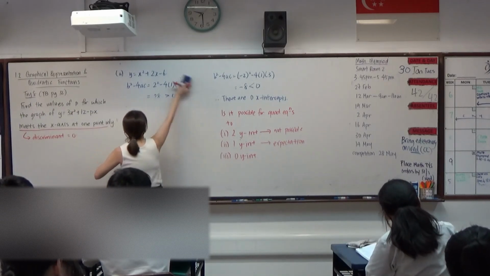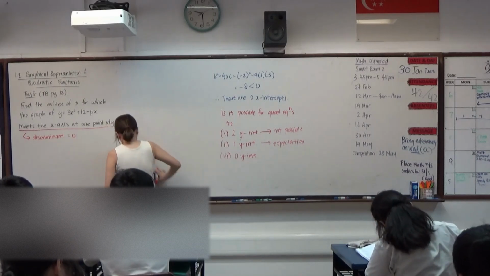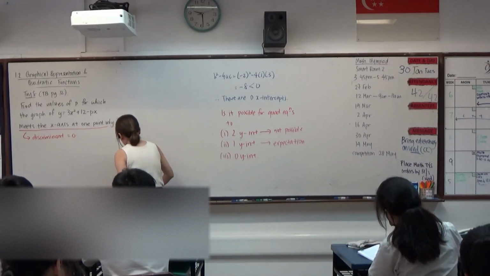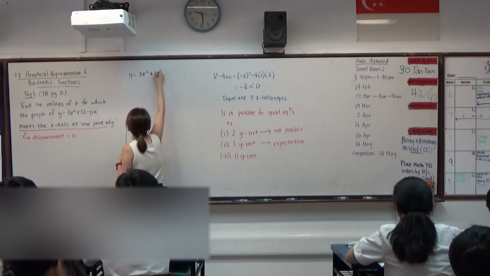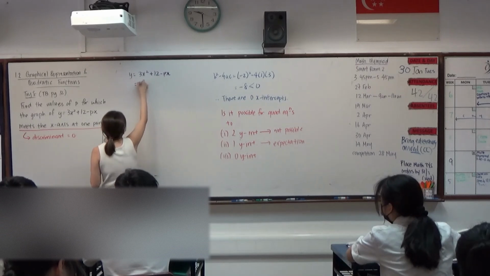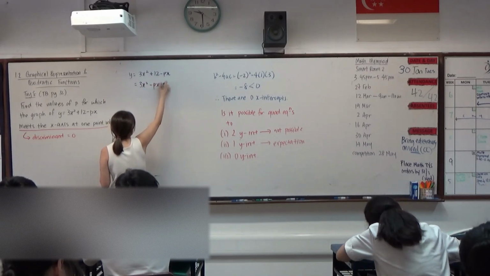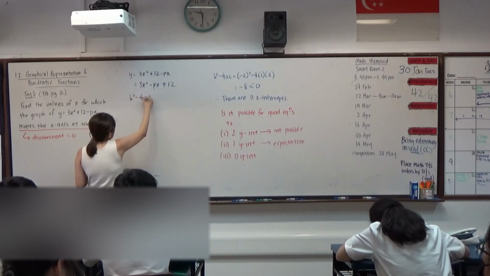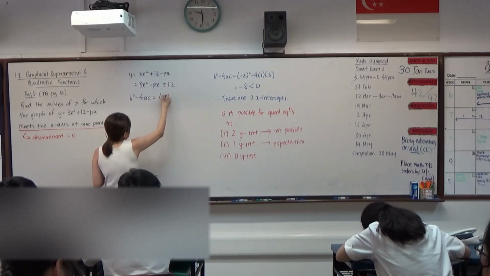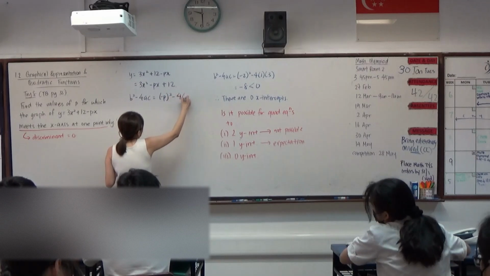So it's like the reverse of what we were doing earlier on. So y equals 3x squared plus 12 minus px. Maybe for some of you, you need it rearranged in order first, like that. Then we can find the discriminant. That will be negative p squared minus 4ac.